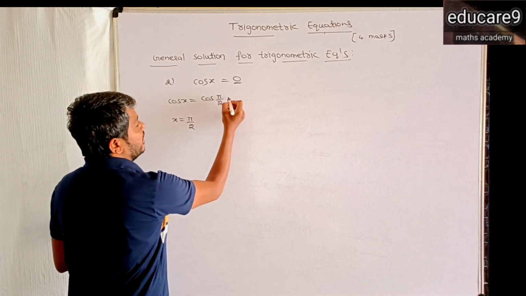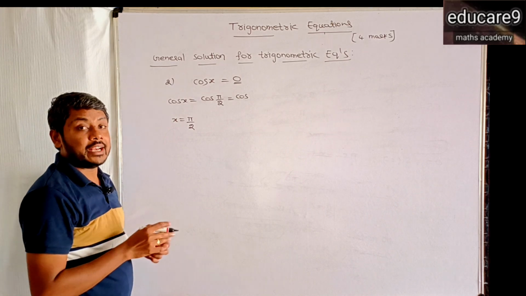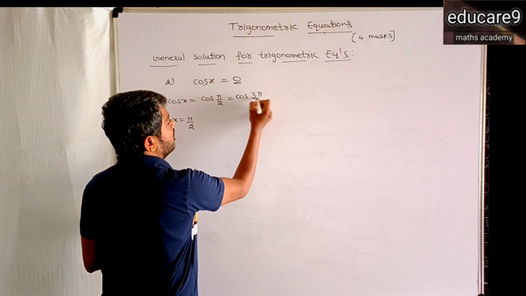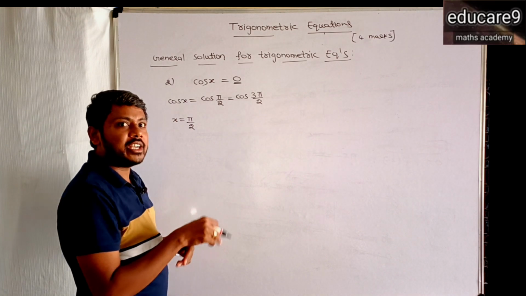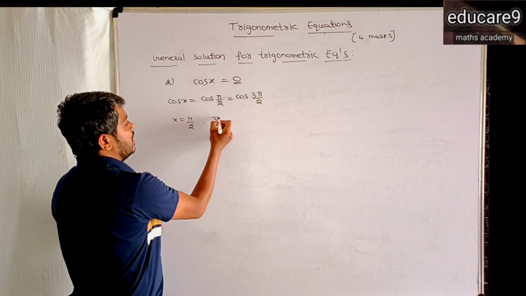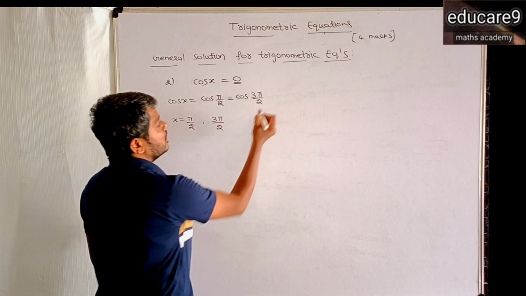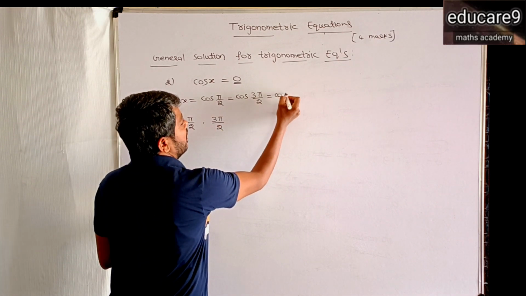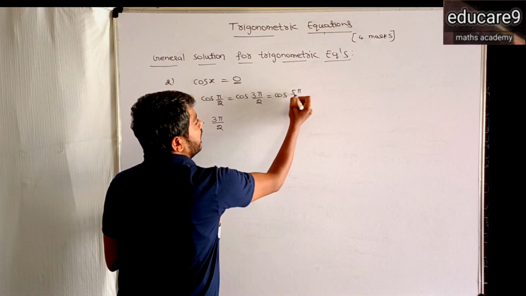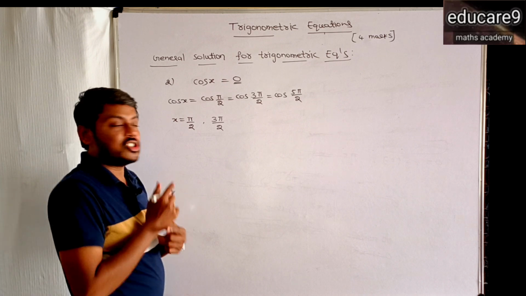And it can also be written as cos 270, since cos 90 is 0. So 270 can be written as 3 pi by 2. So cos 270 is also 0. So what are the x values here? 3 pi by 2. Next, similarly, this can also be written as cos 5 pi by 2. So that value is also 0.